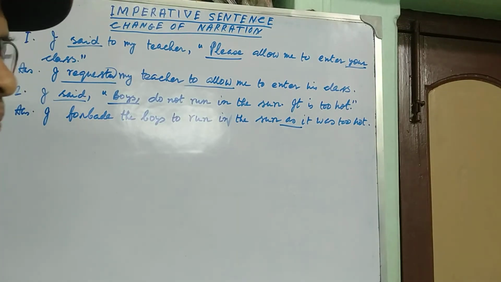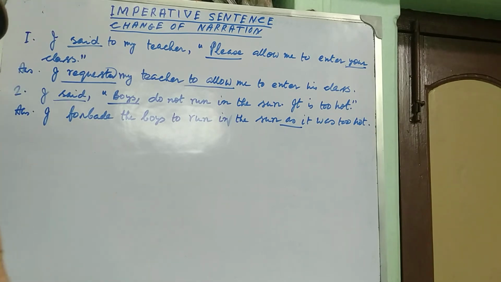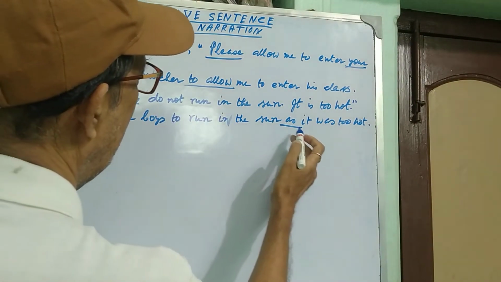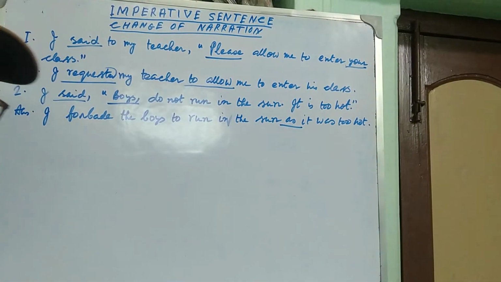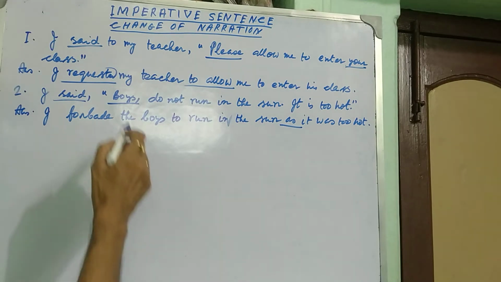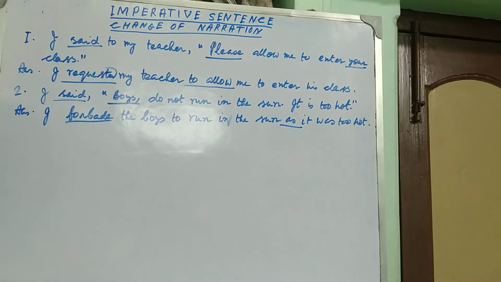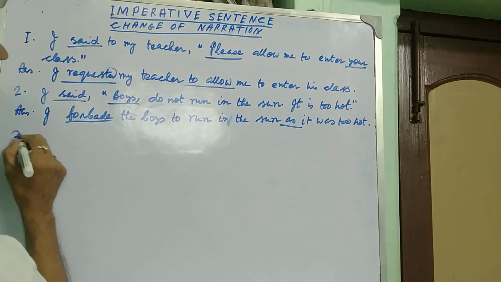Forbid itself is negative and its past form is forbade. So, there should be no negative form in the reported speech. I have used requested, I have used forbade. Clear?